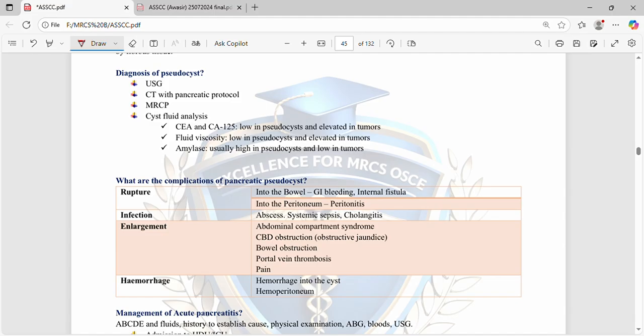Any blood vessel passing nearby, because pancreas is a very vascular organ and there are nearby very big vessels, so it can encroach on or disturb a vessel, and it can bleed.